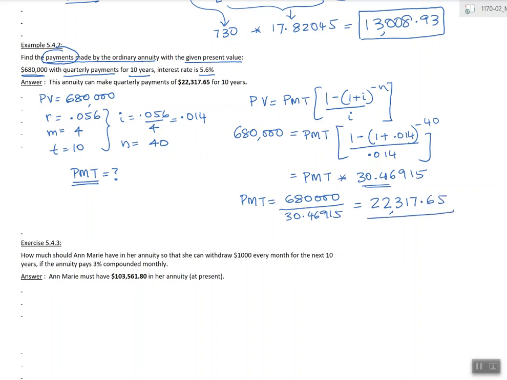That means every quarter this annuity is going to pay you $22,317.65.